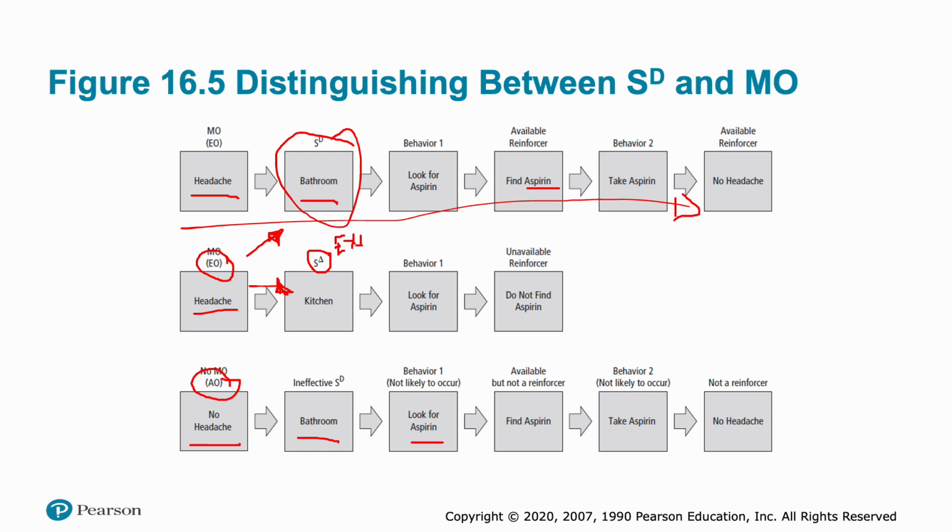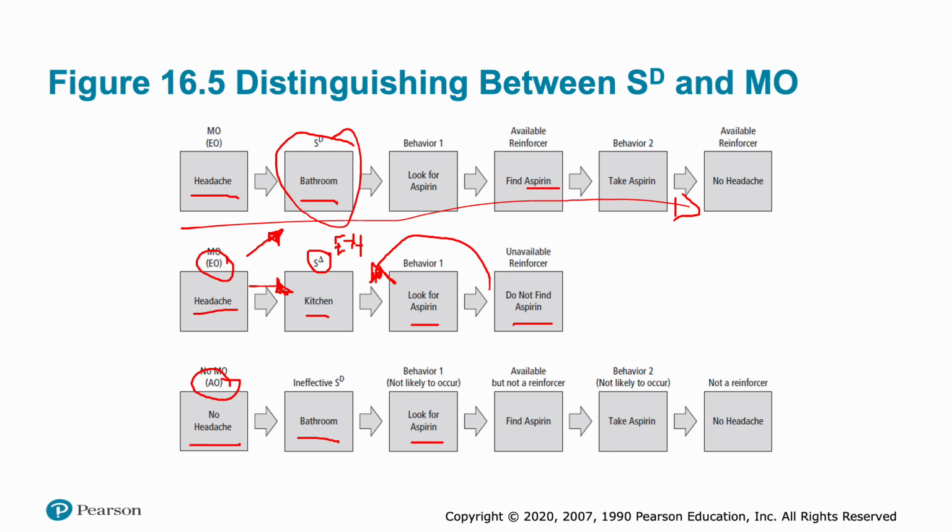Okay, and so in that particular context, you are less likely to engage in the behavior of looking for aspirin and not finding aspirin, which is going to result in you not finding aspirin, okay? So what's going to happen is, in the presence of the kitchen in the future, you might look for aspirin. You're not going to come into contact with aspirin, right? You're not going to find any aspirin. So in the future, you are less likely to engage in behavior in the presence of the S delta, right?